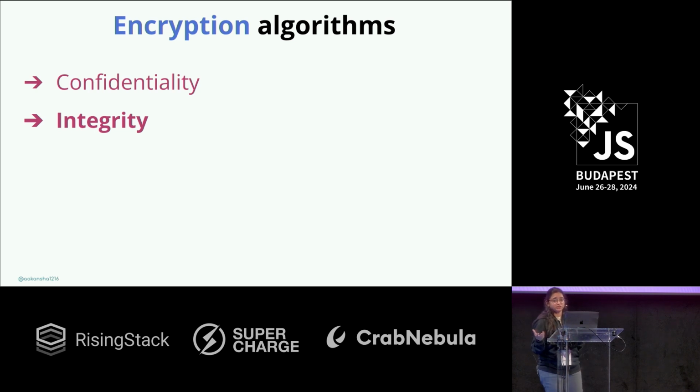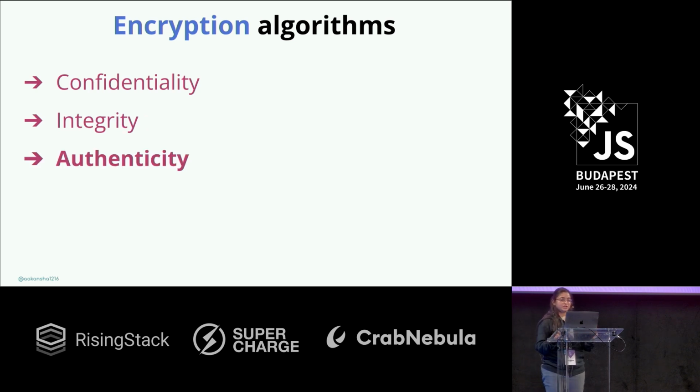When I share some data with you, and if that data gets tampered for some reason, some eavesdropping happens in transit, you should be able to verify whether that data was tampered. And if that data was tampered, there should be some warning, or the operation should just fail. Last is authenticity, which is if I'm sharing some data with you, you should know whether it is me who has sent you the data, or is it someone else? So integrity and authenticity go in parallel with each other.